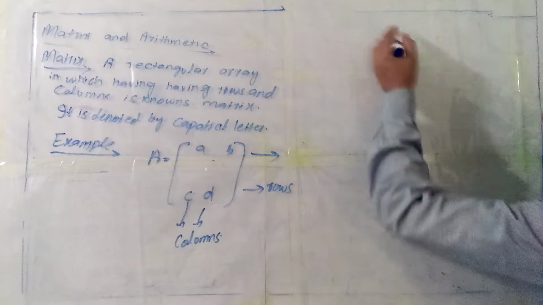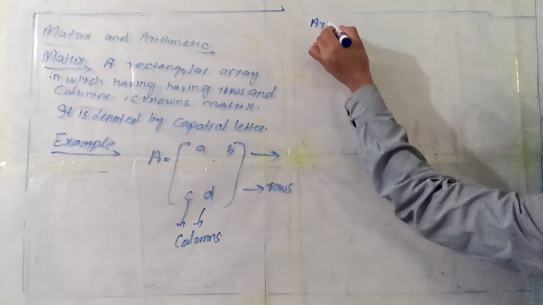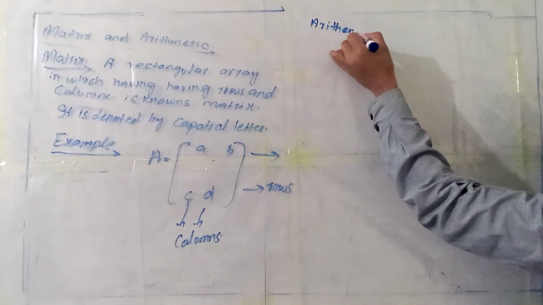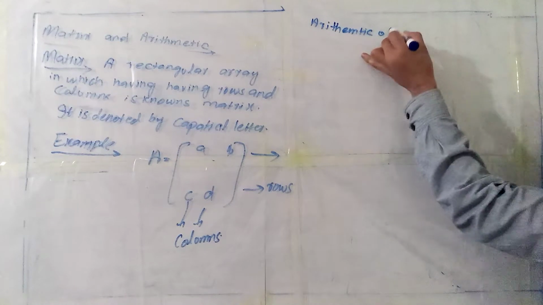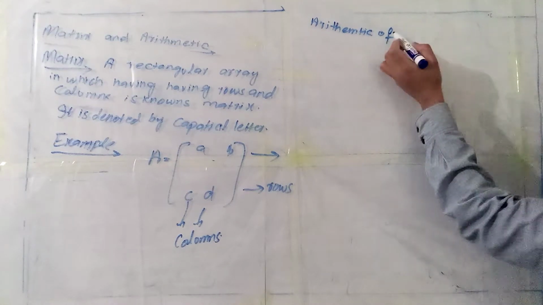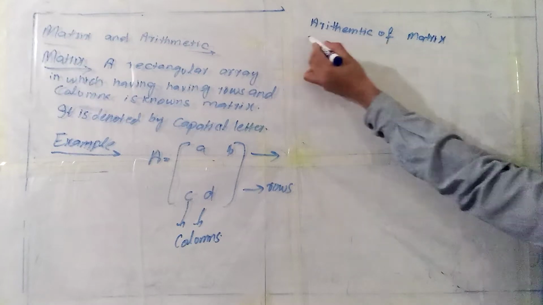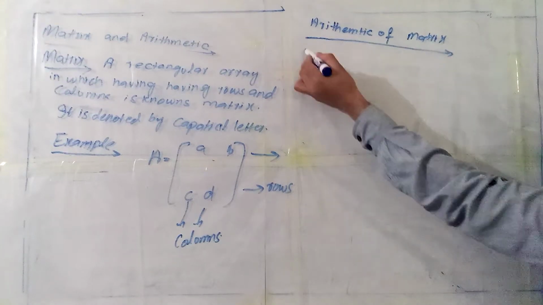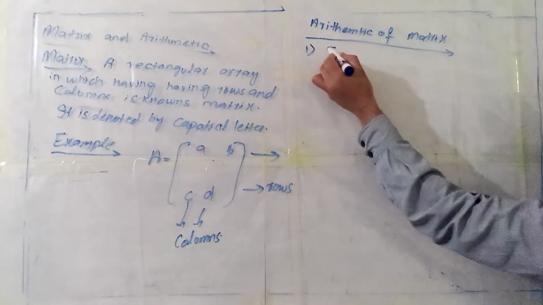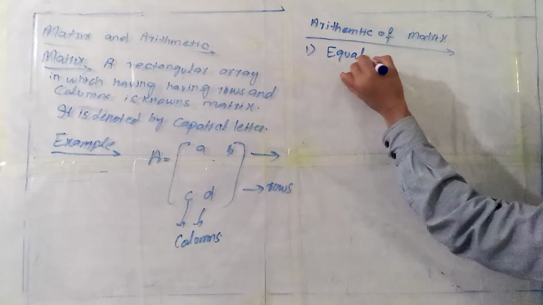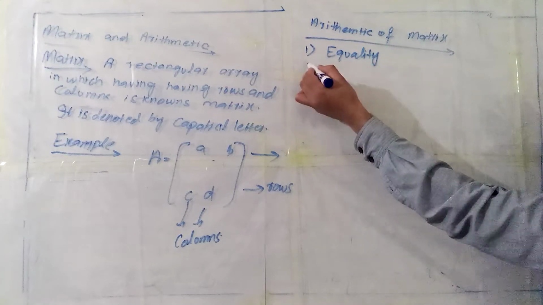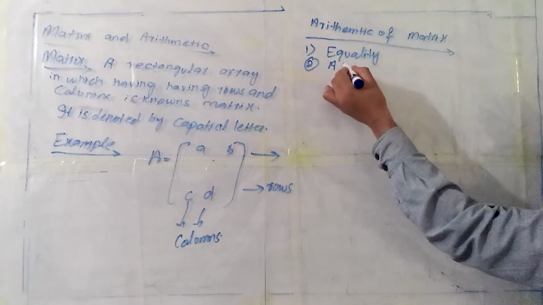Now I'm going to discuss some arithmetics of matrices. The first arithmetic is equality. Number 2, addition.